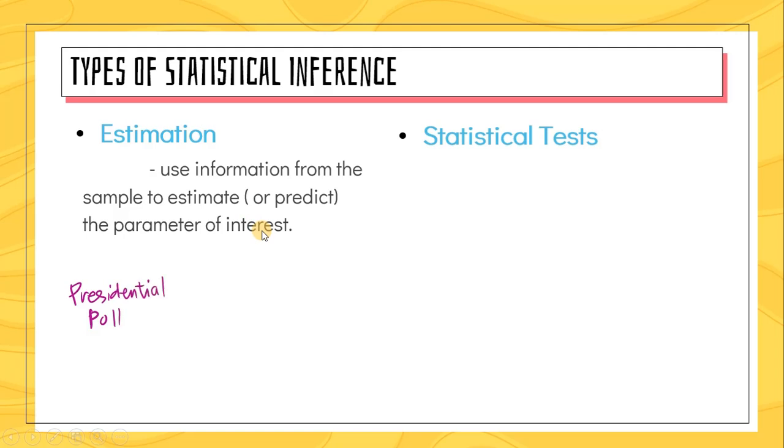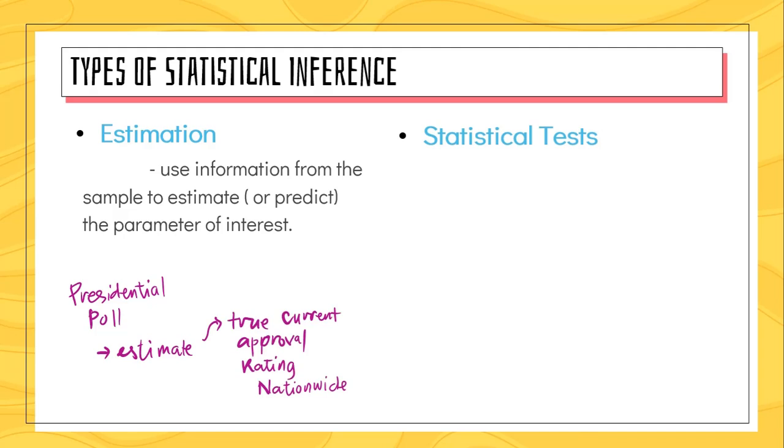For example, in a presidential poll, there are different institutions that give out presidential polls to estimate the true current approval rating nationwide of a certain president. So this one. We can also have statistical tests. We are going to use information from the sample to determine whether a certain statement about the parameter of interest is true. Statistical tests are also referred to as hypothesis tests.